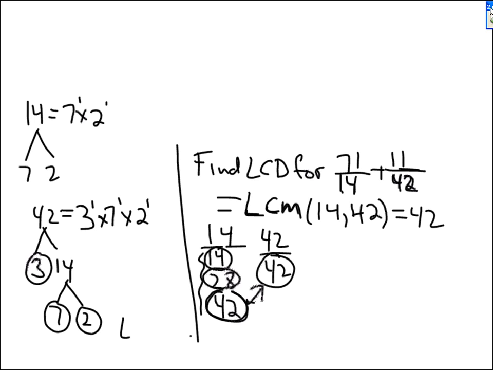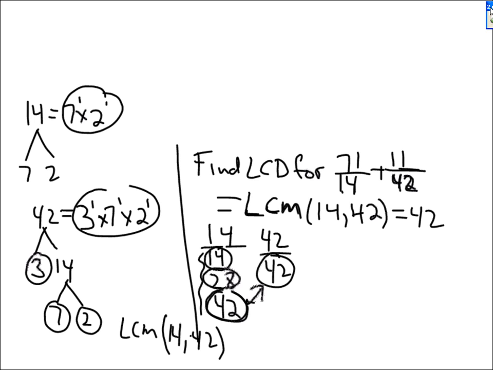Now, the LCM of 14 and 42: you write down all the different prime number bases that came up. Prime numbers 7, 2, 3. I already wrote down 7 and I already wrote down 2. There's the 7, there's the 2. Then we do one more thing.